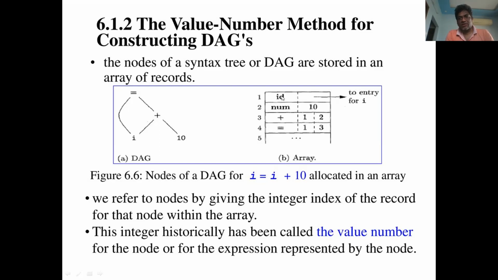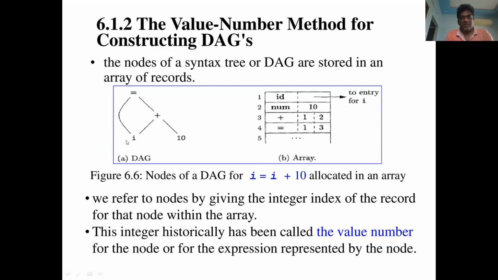The first entry in the array, at location 1, has the identifier id, that is I. So look at this expression, and in parallel look at this array also, because this is the directed acyclic graph representing I = I + 10, and I am showing the same expression in the form of the value number method. Okay, this is another variant of syntax tree.